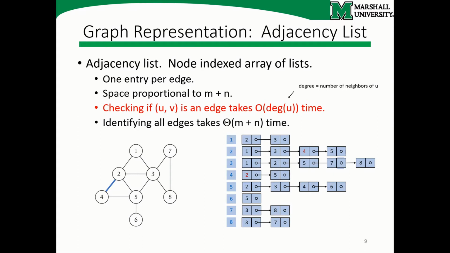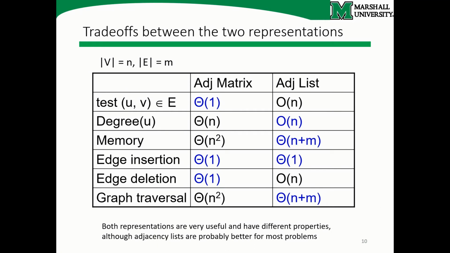For example, in this picture, the neighbors of vertex 2 are 1, 3, 4 and 5, because all of them have an edge with 2. This slide lists the trade-offs between the two representations. Understanding the trade-offs will help you choose the representation you want to use for a specific problem.